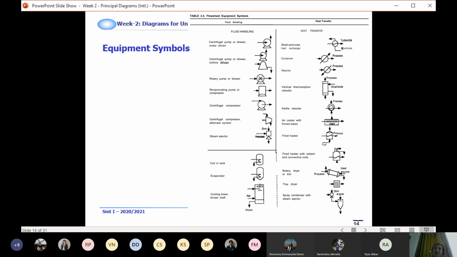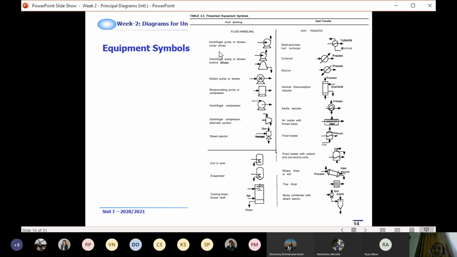You can just write a keyword, for example, the symbol of a separator in a process flow diagram, and in Google Images they will show you any kind of symbol for the PFD. This slide is just to give you an insight into the symbols that you can use for the PFD. It's not complete; you can find more complete ones on Google or on the internet.